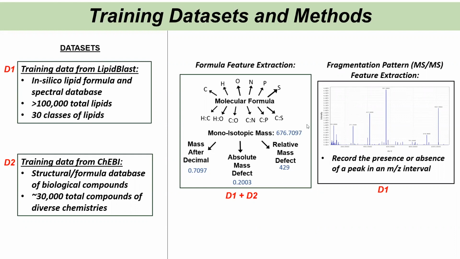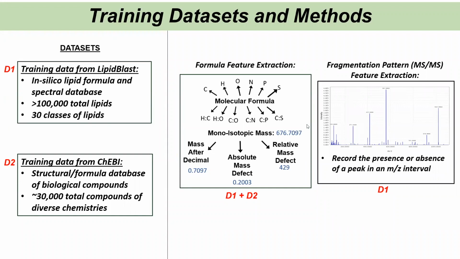Importantly, these lipids all have their molecular formula, and it also has in silico, i.e., computationally predicted, fragmentation patterns for each lipid within this database, and it contains 30 classes of lipids. Therefore we wanted our algorithm to classify each lipid into its particular class. The second database that we had is much more chemically diverse.